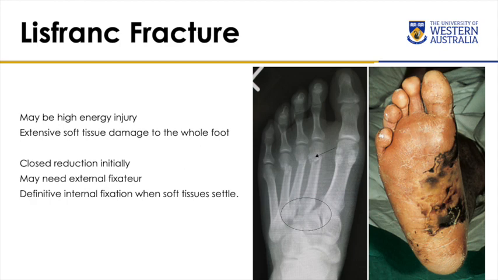Initial treatment may be closed reduction plus or minus application of an external fixator with definitive internal fixation once the soft tissues settle down. Surgical fixation may be a simple screw from the medial cuneiform to the base of the 2nd metatarsal, in effect taking the place of the ruptured ligament.